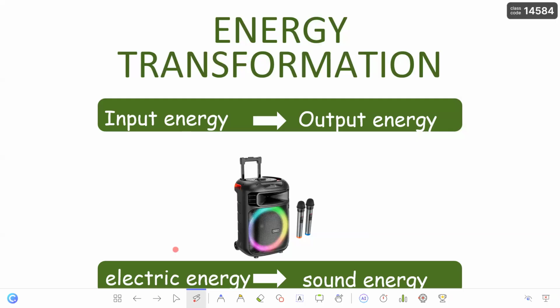Look, here's how the energy is transformed from electrical energy into sound energy when it works. So here, the input energy, which is the energy needed to do the work, is the electric energy. The output energy, which is released after working, is the sound energy.